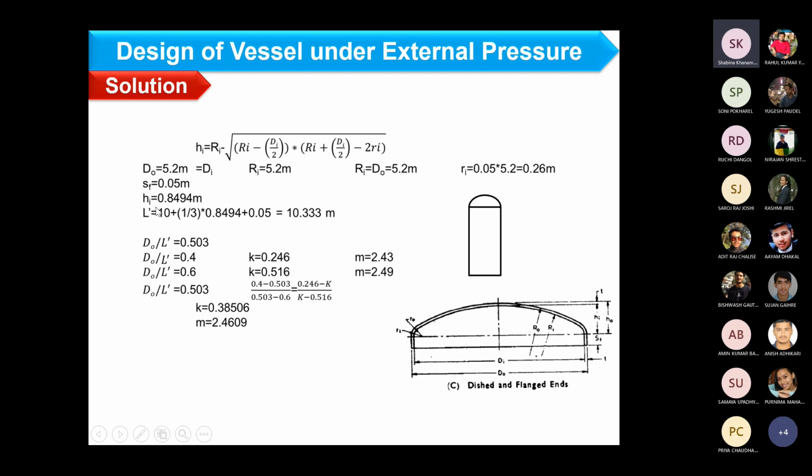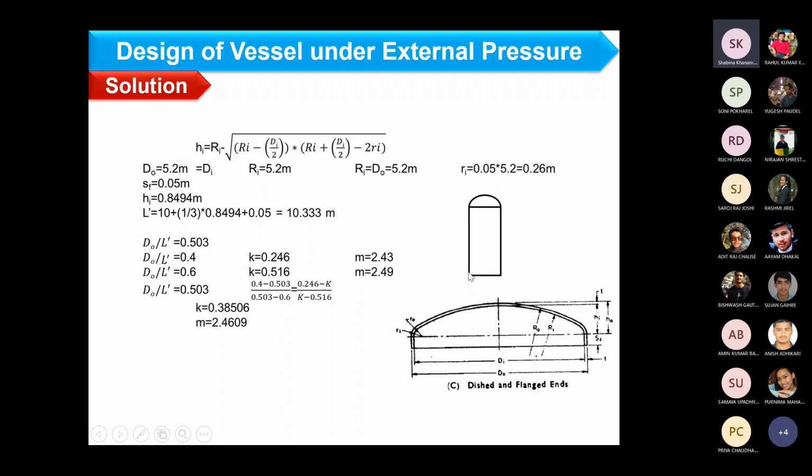Okay, and this we can assume to be equal to di also, because do is given to us. Okay, sf 50 mm, that is known to me. Now hi I can find by this expression as 0.8493. So the total effective length would be L prime, which is equal to 10 plus 1 by 3 into this hi, plus 0.0 sf.